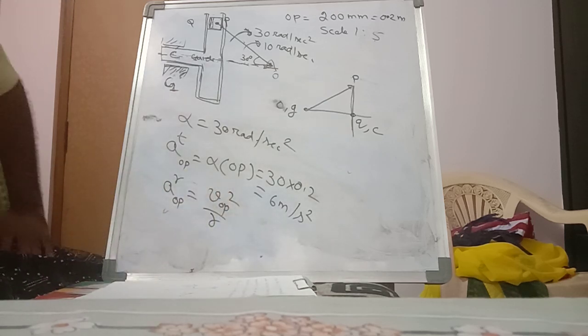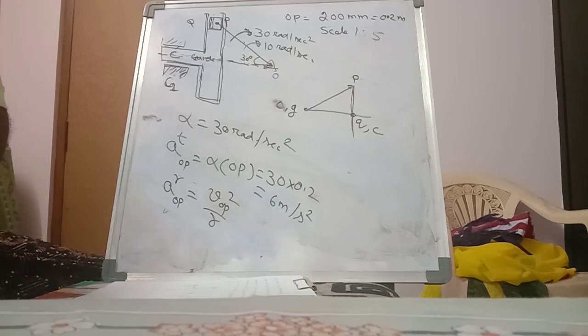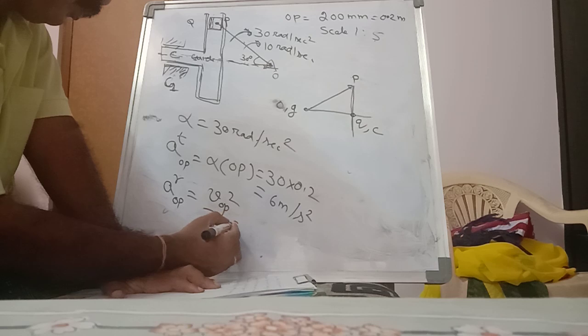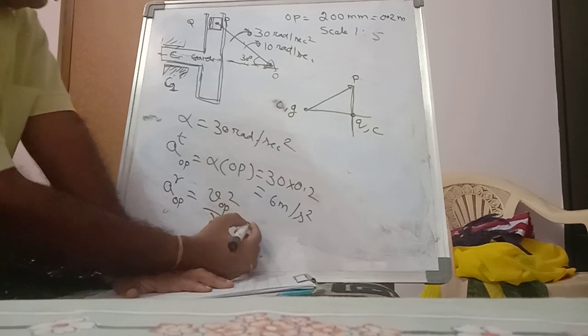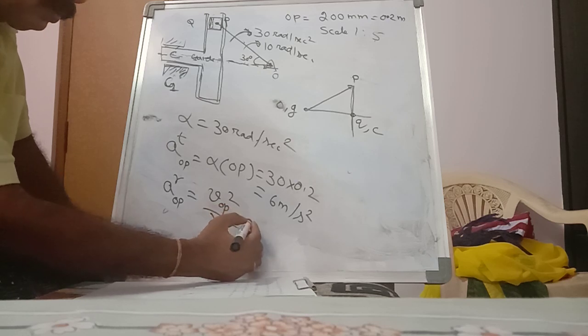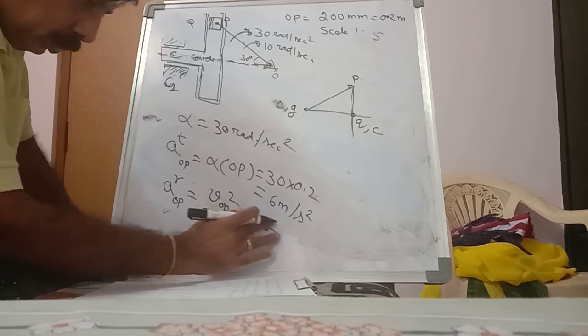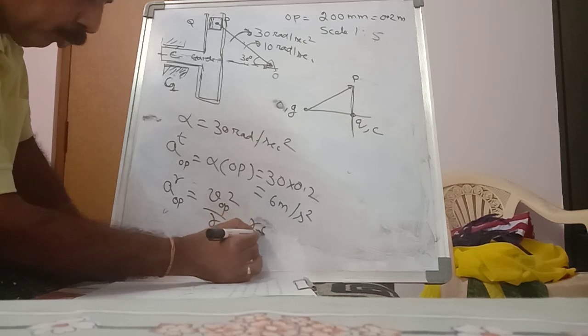So the formula is VOP square by R. That is the radial component. It can also be written as R omega square.